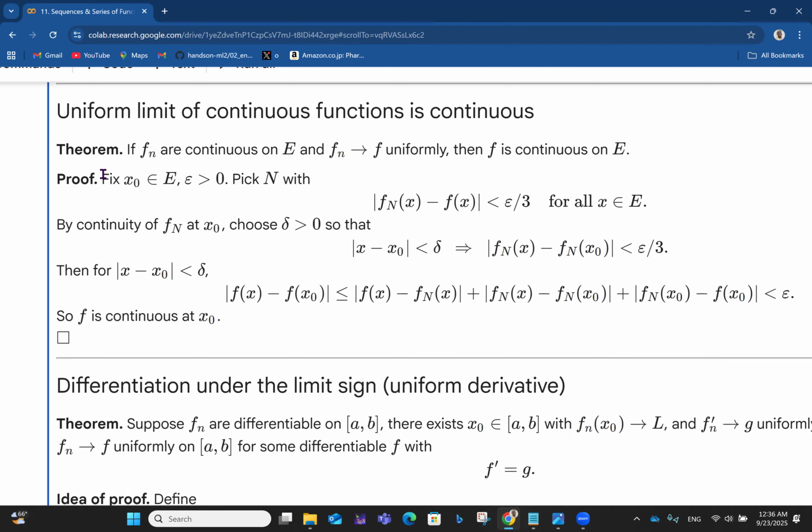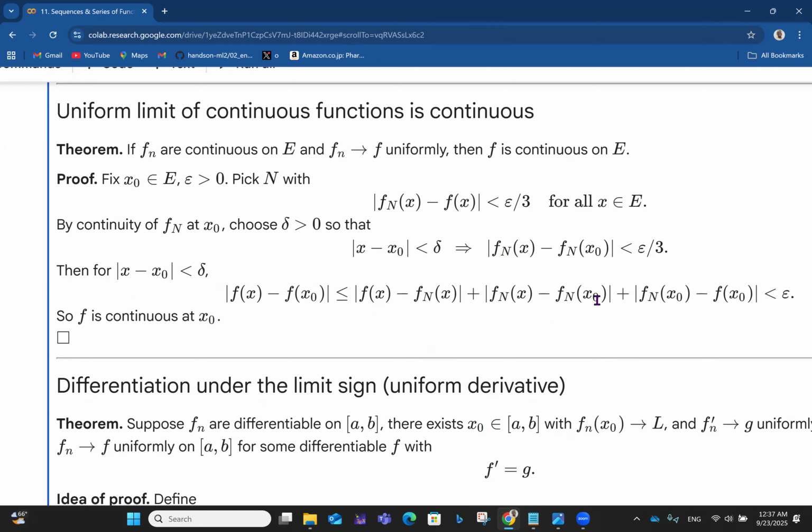In that case, we can now say for the absolute value of x minus x naught less than delta, the absolute value of f of x minus f of x naught is less than or equal to the absolute value of f of x minus Fn of x, plus Fn of x minus Fn of x naught, plus Fn of x naught minus f of x naught.